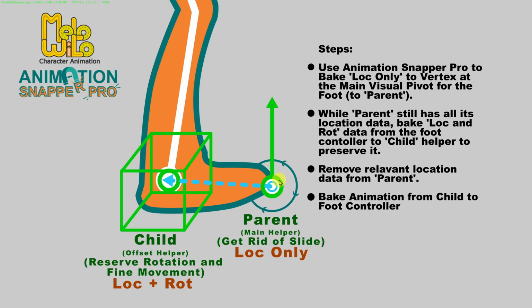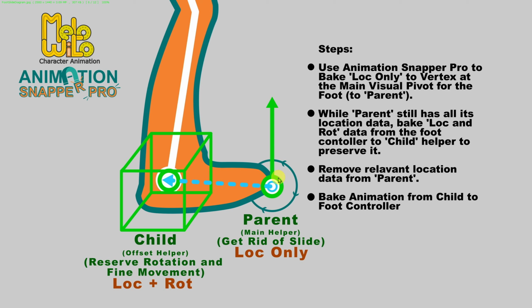So when we create it and we put only location baking on, it's going to bake only location data to that. We only need the location data. It's actually at this point better to just have the location data because we want to split it off and preserve the rotation data on this one.